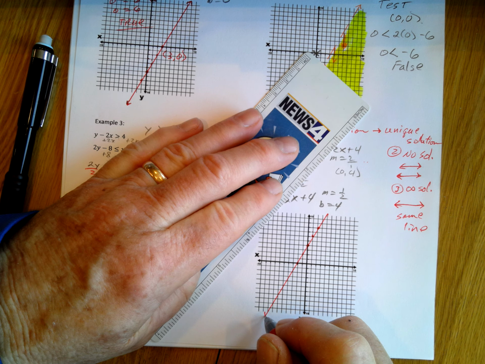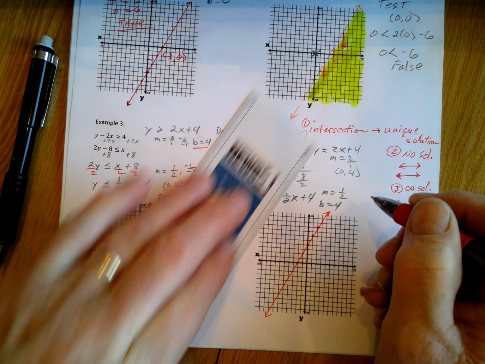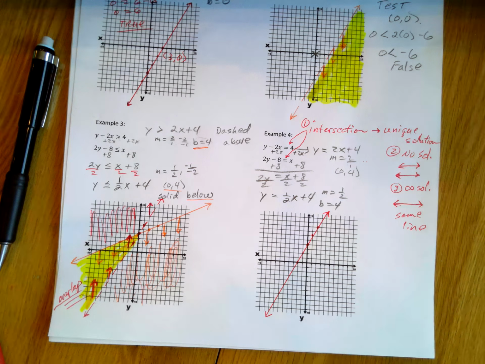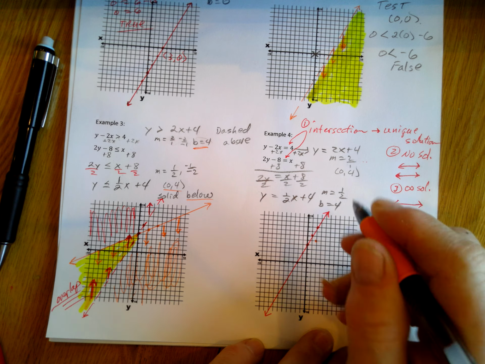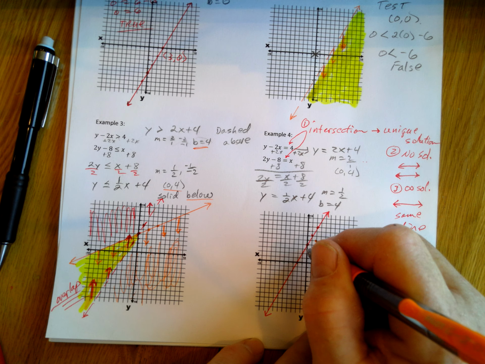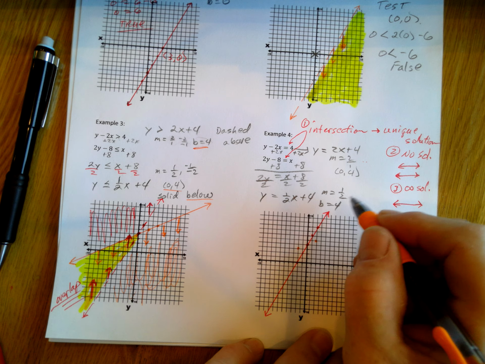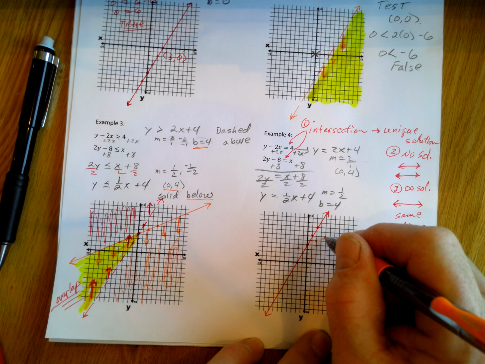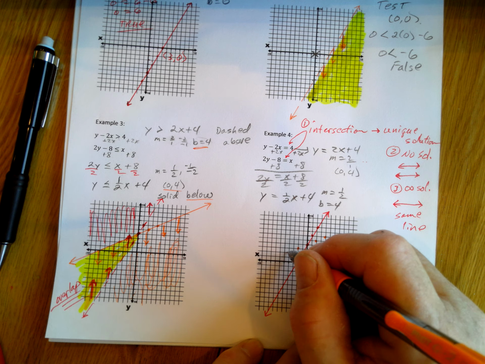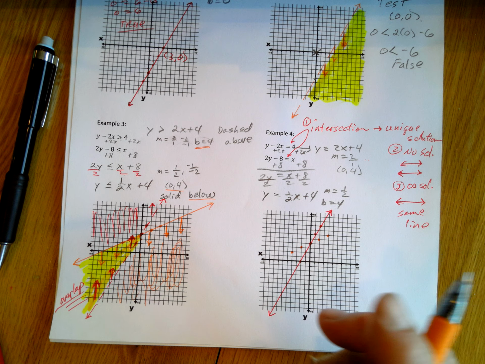Okay, so there's equation 1. Equation 2 has the same y-intercept, only it's up 1 and right 2, correct? And down 1 and left 2, it is a positive 1/2, so I'm in a positive direction. So right 2 and up 1, or left 2 and down 1. And I'm not worried about dashed or solid.